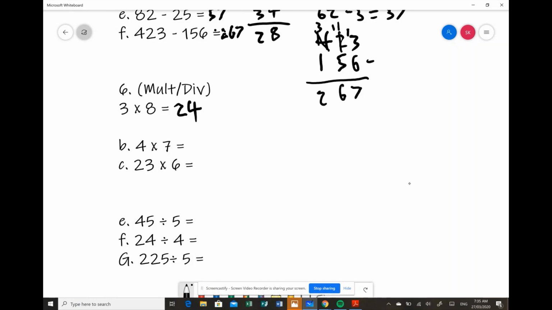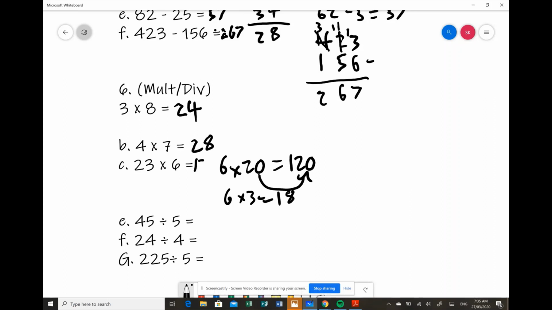Right, 4 times 7 is going to be 28. 23 times 6, 6 times 20 is going to equal 120. Okay, because I go 6 times 2 is 12, carry the 0 over there. And then 6 times 3 is 18. So those two together would be 138.